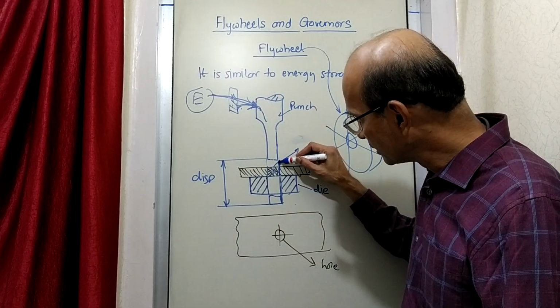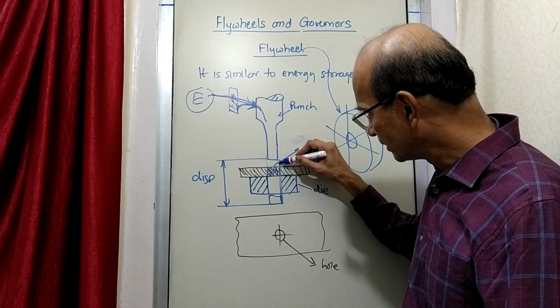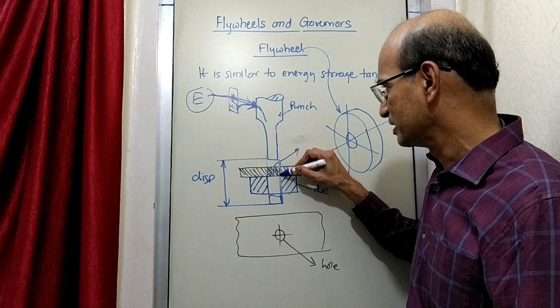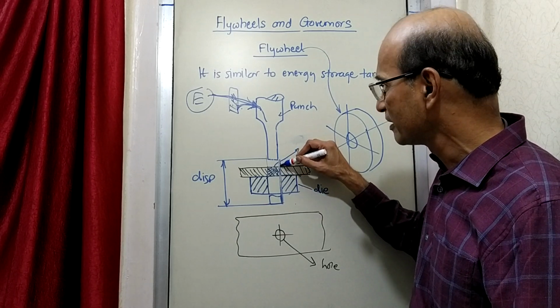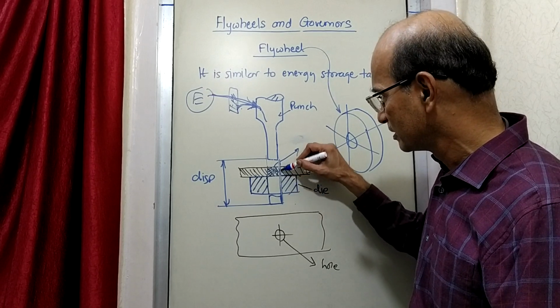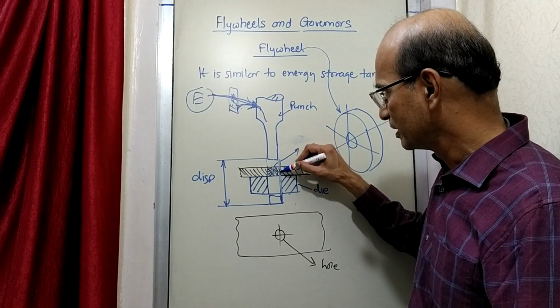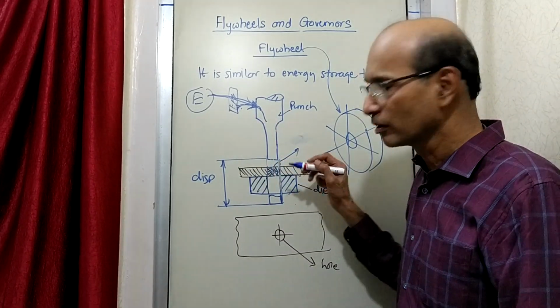So flywheel speed increases, then decreases, increases, then decreases again. That means during the cutting action the speed decreases, during the rest of the time it increases.